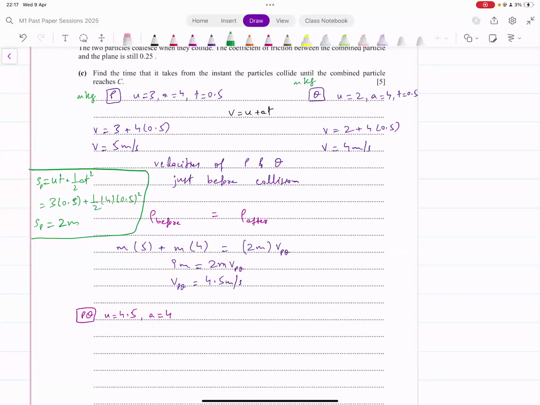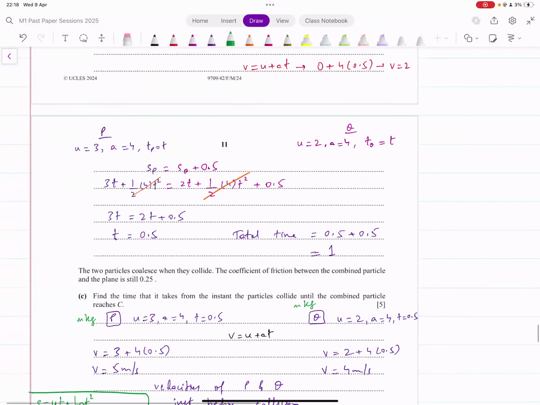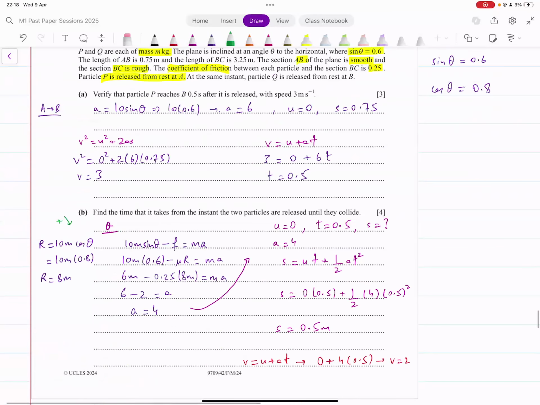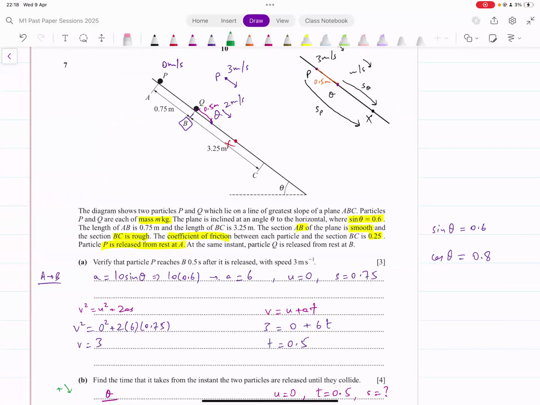Now, what is that telling us? From B onward, it traveled 2 meters until the collision happened. So until the point X, the distance was 2 meters until the collision point. If this is 2 meters, how much is left after that? 1.25 meters, because the total was 3.25.